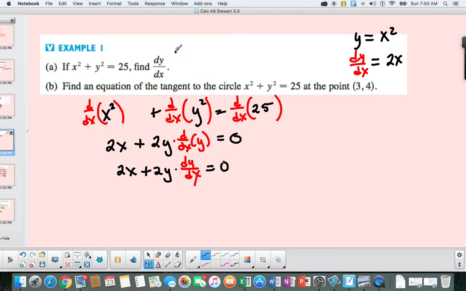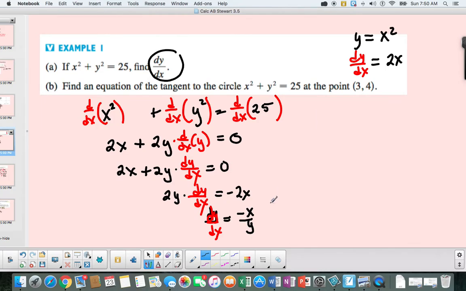Now we're being asked to find dy/dx, so we've got to solve for this. I'm going to take the 2x term to the other side, and that's going to be negative 2x. And now the derivative will be equal to the opposite of x over y.